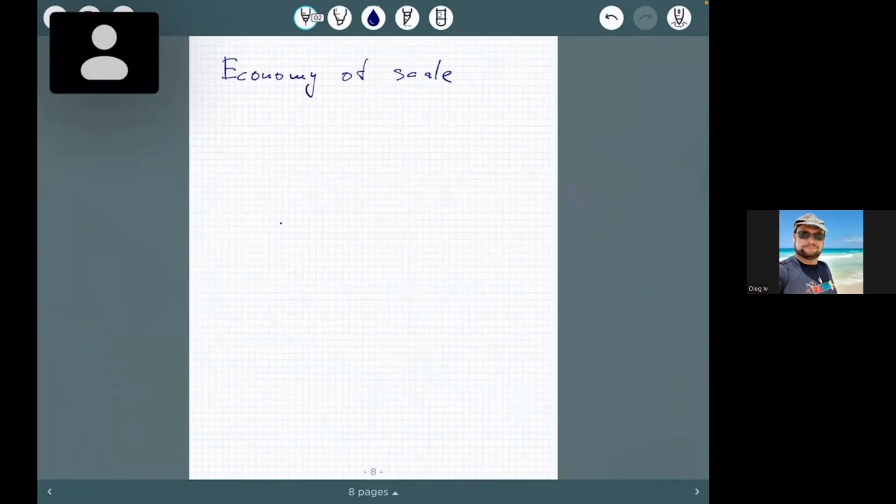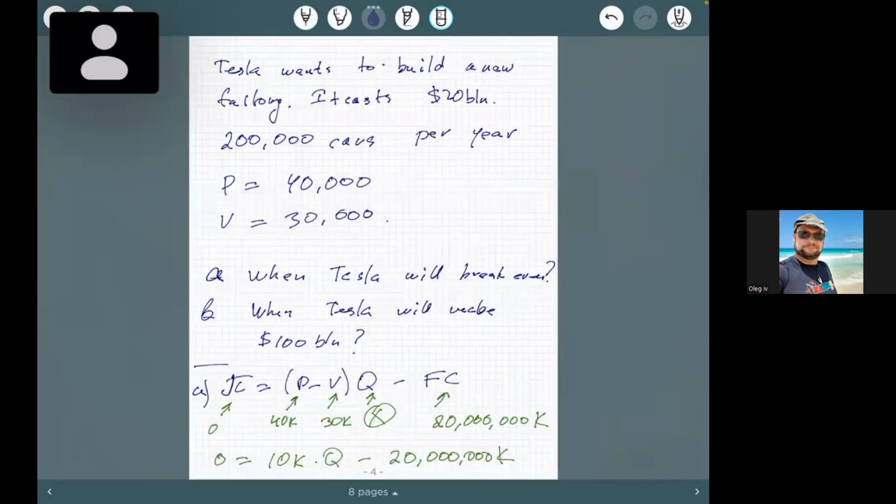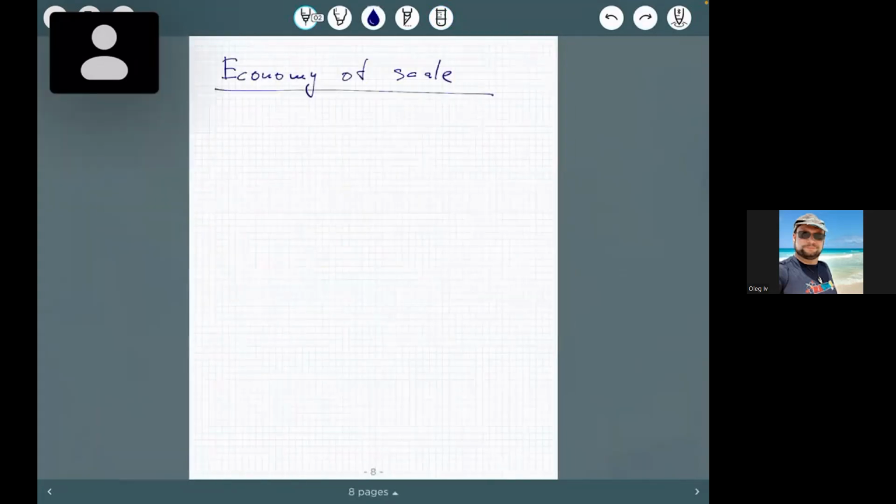Economy of scale is more related to the original topic of this mathematical equation that we have here. Oh, this one. So I'm going to rewrite it, just for you to understand.